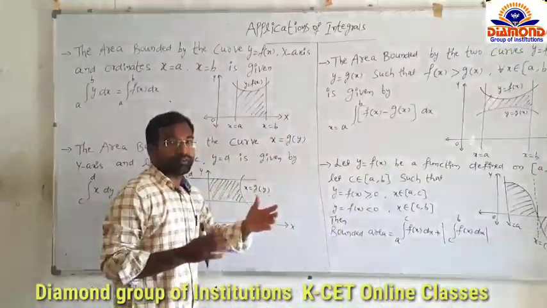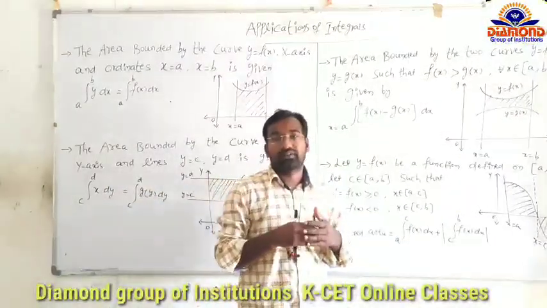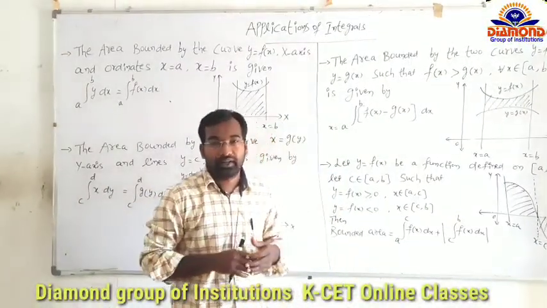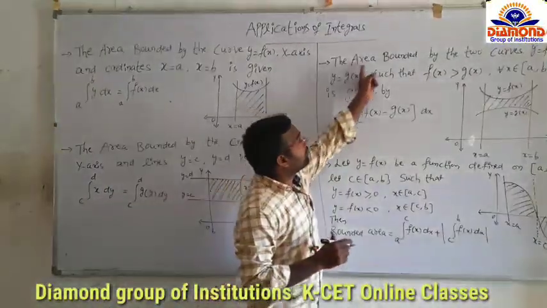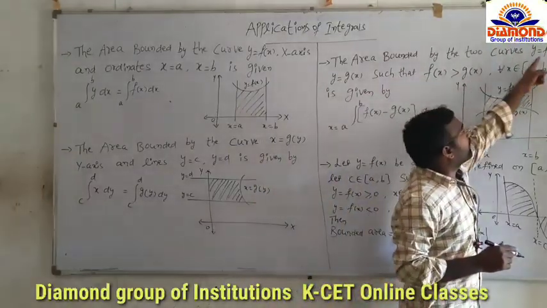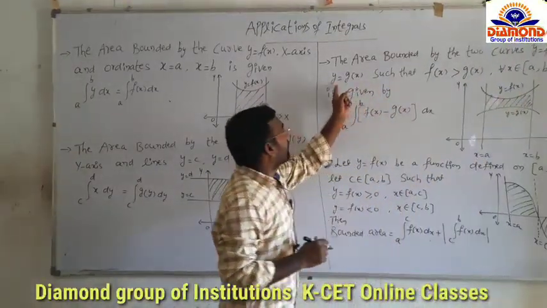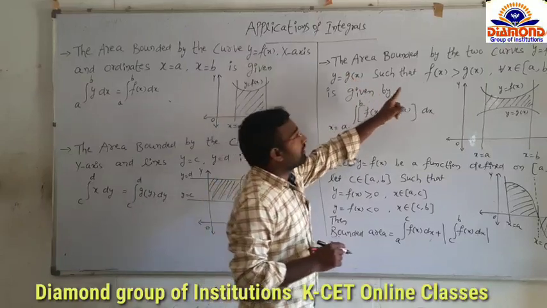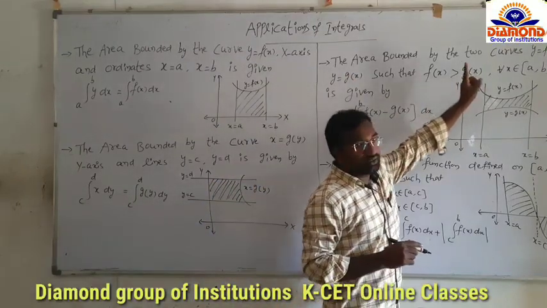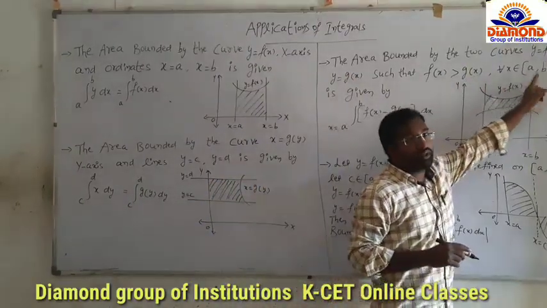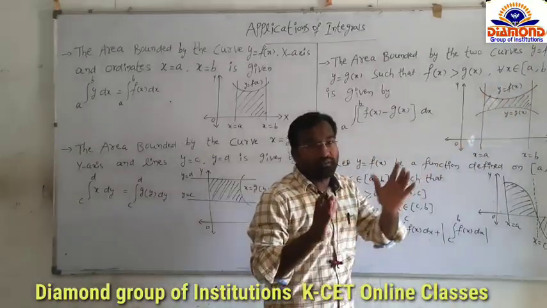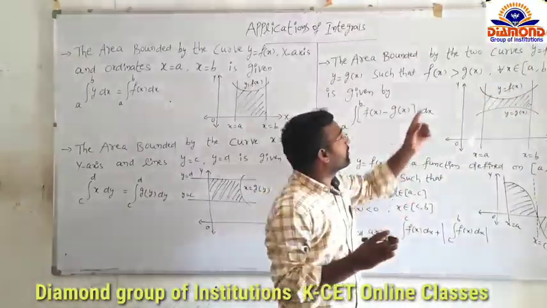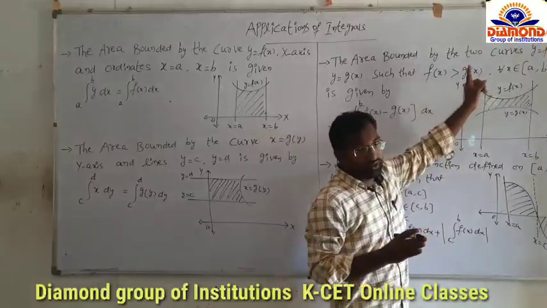Next, suppose two curves are given. At that time, how do we calculate the area? The area bounded by the two curves y equal to f of x and y equal to g of x, such that f of x is greater than g of x for all x belonging to the closed interval a, b. That means in the interval a to b, f of x is greater than g of x.